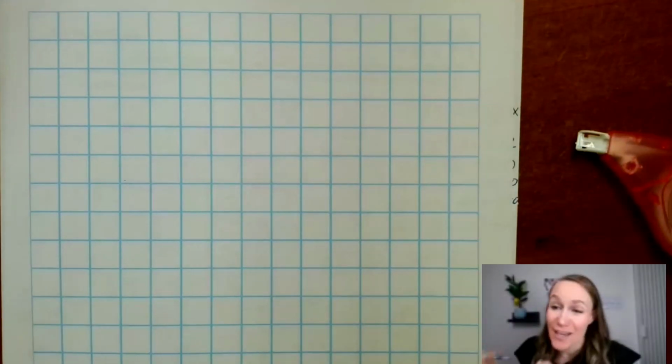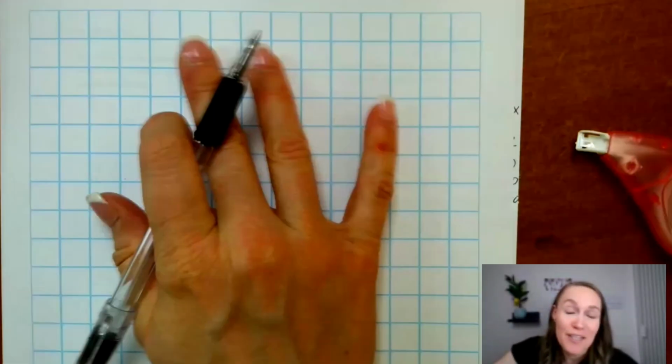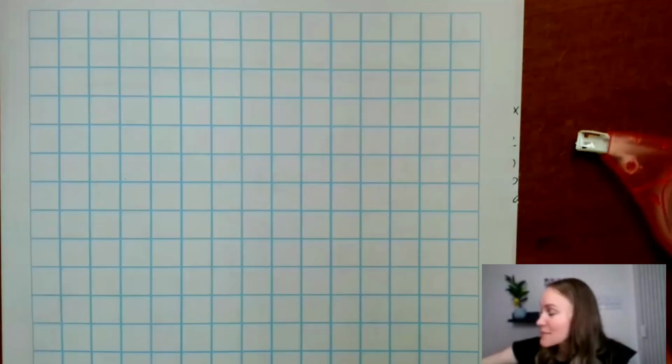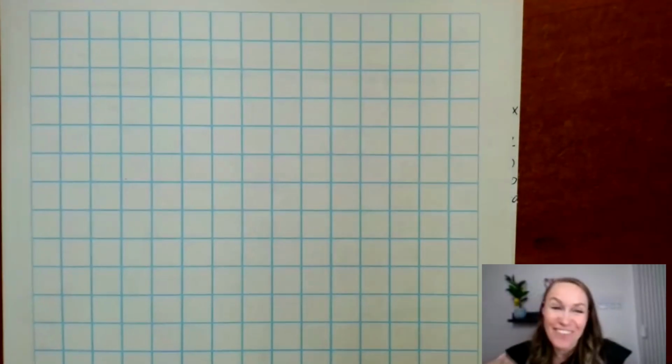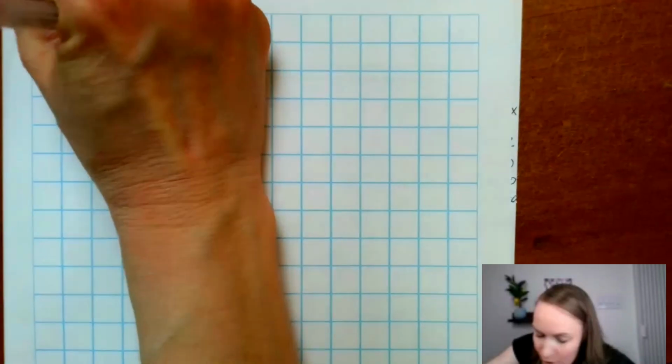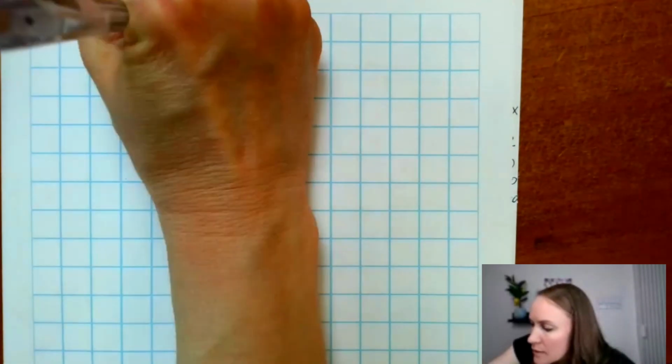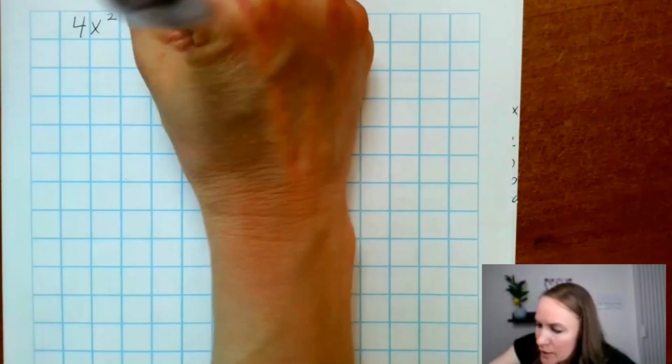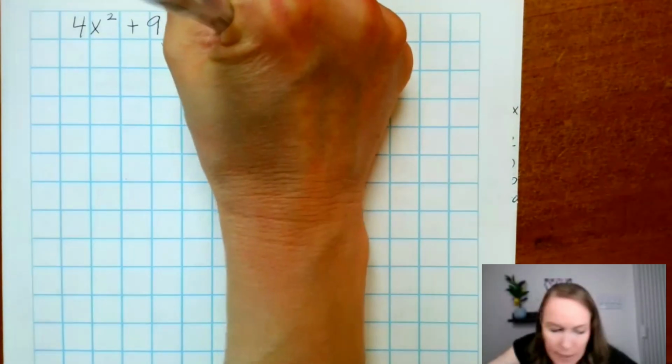I didn't have room on that other piece of paper, so I'm just bringing the fresh piece of paper so I can write them down and figure this one out. So we have 4x squared plus 9y squared equals 36.